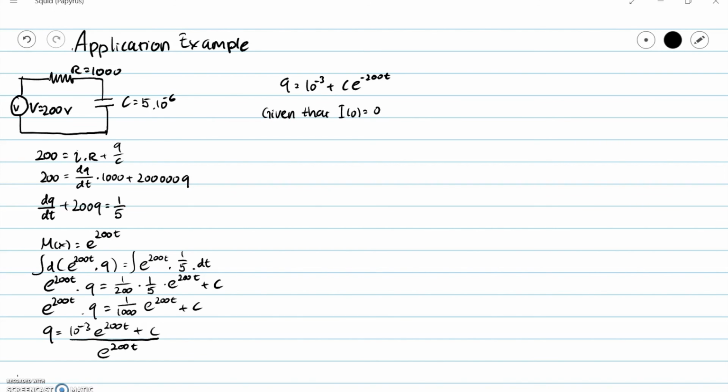Given that when time equals 0, the current is 0.4 ampere, at t equals 0, dq over dt equals 0.4. So we just plug it into our general solution. And we will get what Q is.